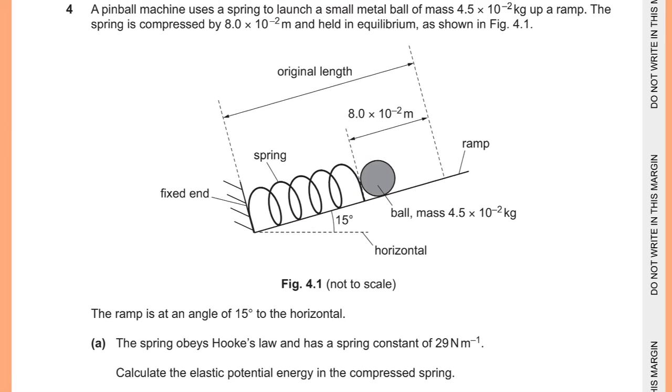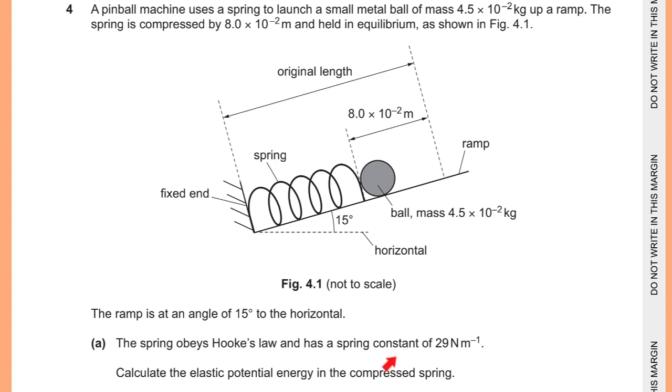A pinball machine uses a spring to launch a small metal ball of this mass up a ramp. The spring is compressed by this much and is held in equilibrium as shown in 4.1. Ramp is at an angle of 15 degrees to the horizontal. Spring obeys Hooke's law and has a spring constant of 29 Newton per meter. Calculate the elastic potential energy in the compressed spring.